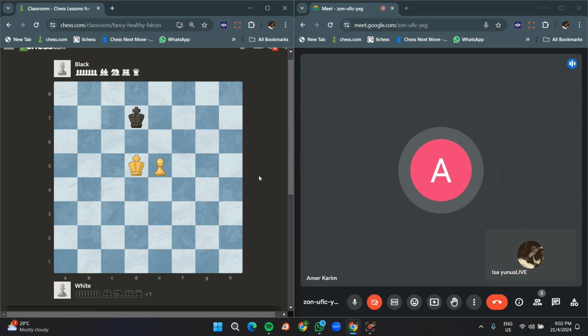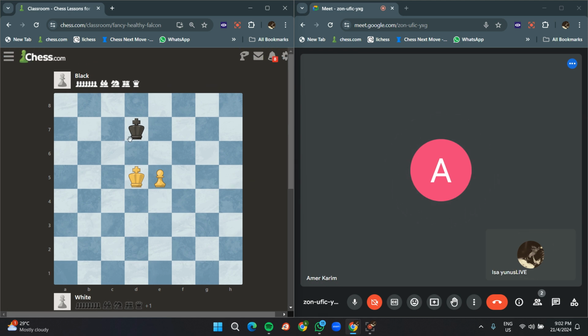Okay, just play from black side. Can you play from black side? It's black's turn. Yes, correct. This is the move. This move is correct. So now if I push the pawn, yes, very good. Very good, Isa. Good.